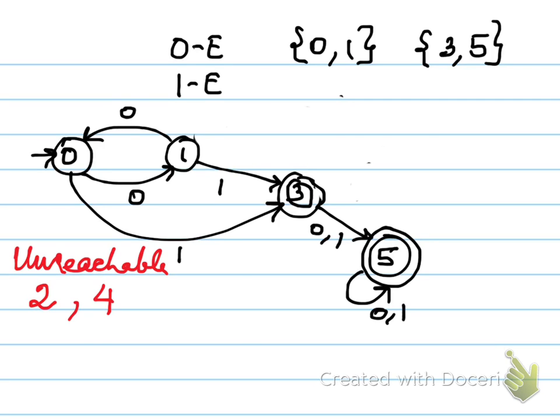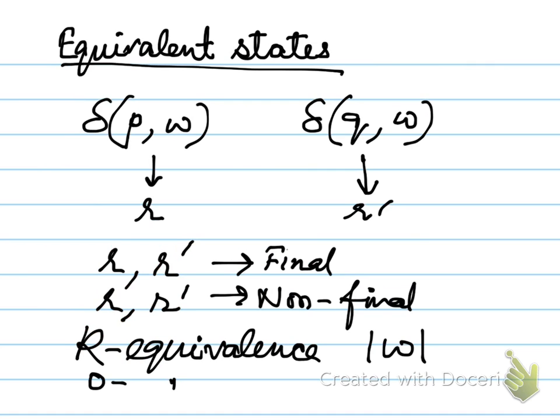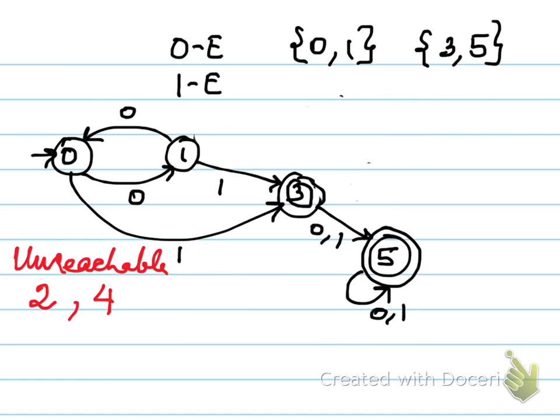If you recall, 1 equivalent means the length of W is 1. So after reading one input symbol, if the 2 states reach R and R dash, and R and R dash are in the same set, then we say that they are 1 equivalent.